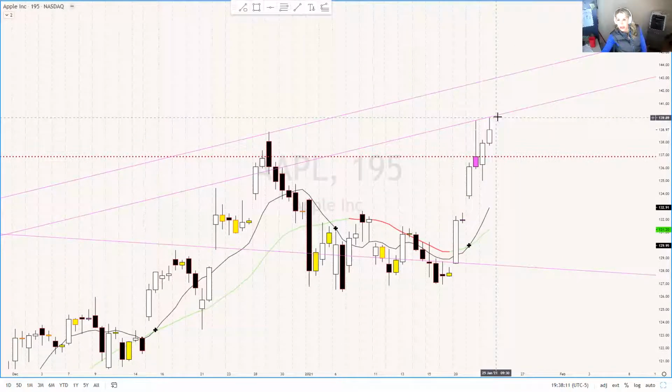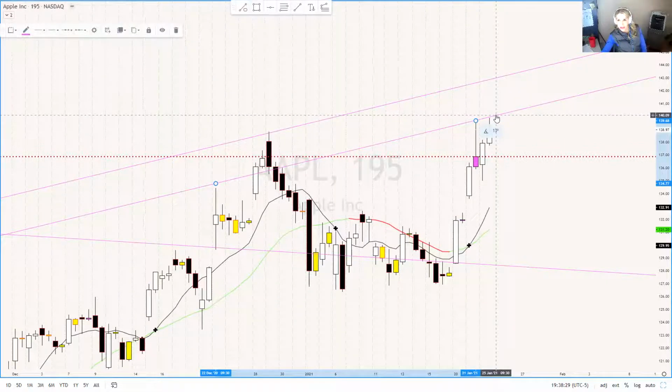to drawing candles and kind of looking at a range for the following day is if you have your cursor on a candle, and I think this works for any trading package, and you move it to the right, you can then see where those lines intersect. So in this case, that's right around 140.